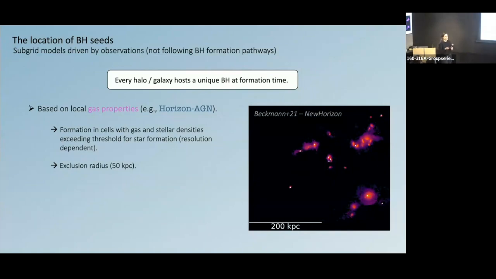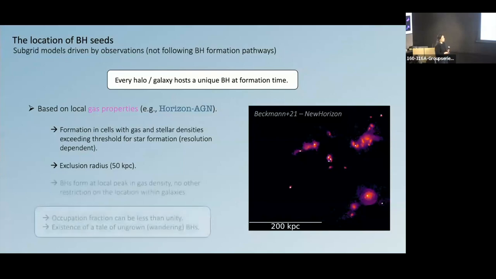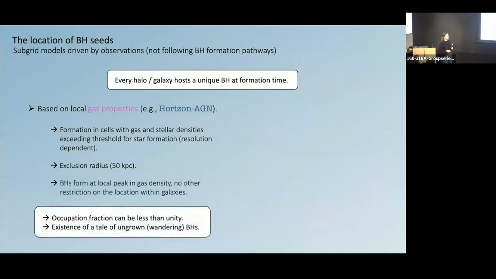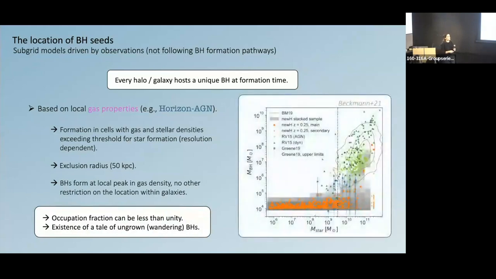So there is a bit of stochasticity in the formation of black holes. And because you're not tying the location of the black holes to the center of the halo or galaxy, you can actually form black holes at the edge of some galaxies. So you can have off-center black holes, or black holes that could be wandering around in galaxies.